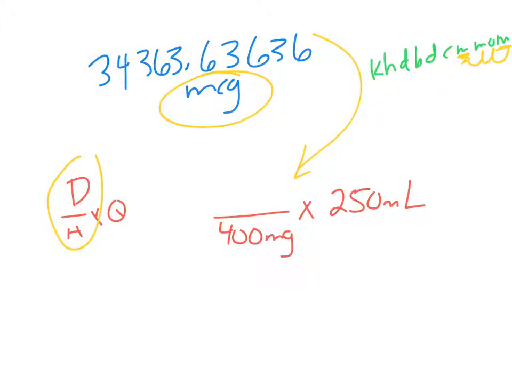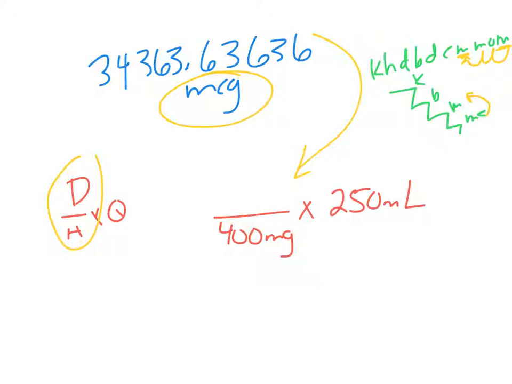Or some people use the stair-step method for metrics, which just required us to remember kilo, base, milli, and micro. I'll put a C there for micro, and that was just up 1 step on the stairs, which meant we divide by 1,000.